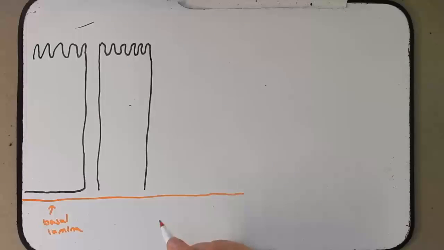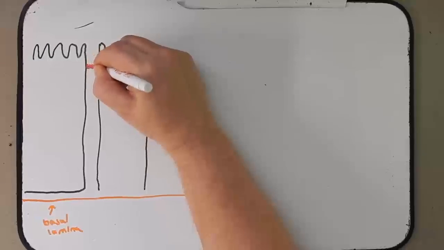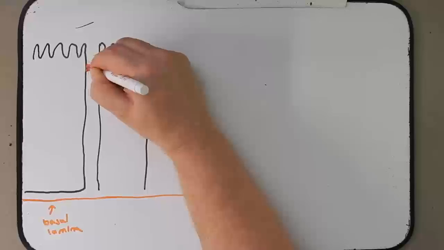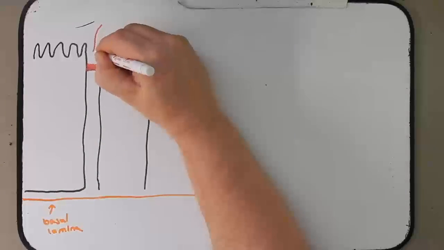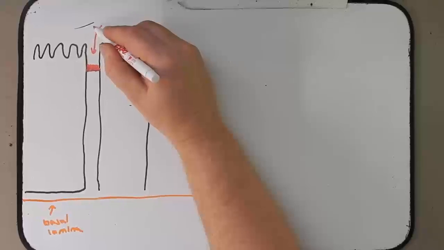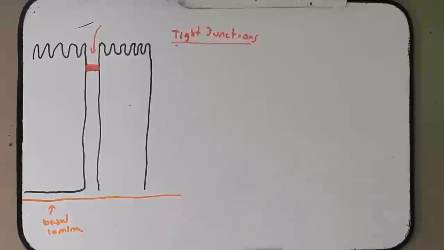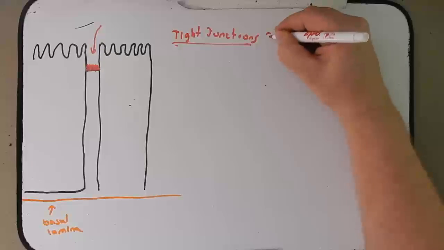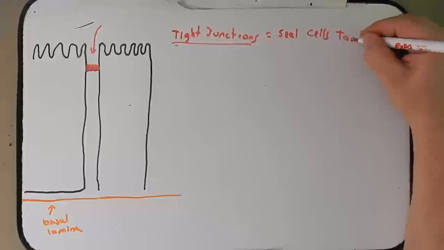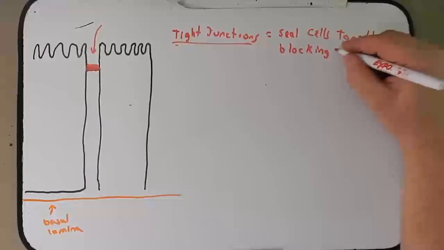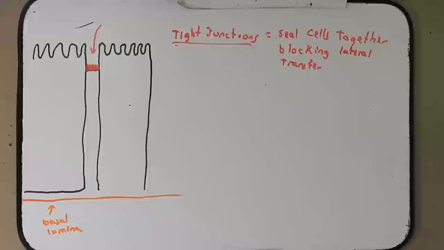The first one I want to talk about are tight junctions. And tight junctions, I'm going to draw here. Within the epithelium, what they will do is they will prevent the movement of fluid and molecules in between the cells. So they will seal cells together, blocking lateral transfer of fluids and other molecules between the two cells.